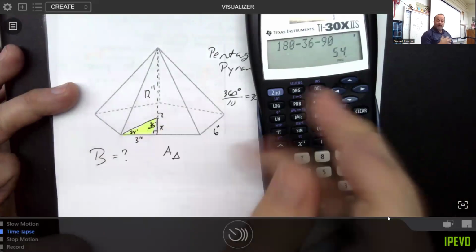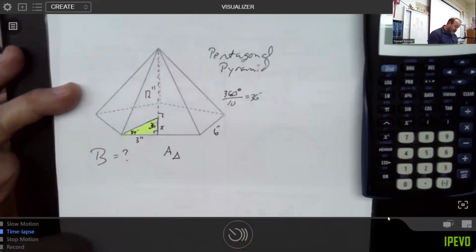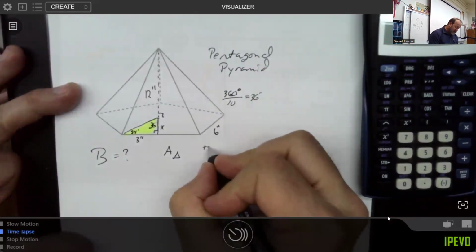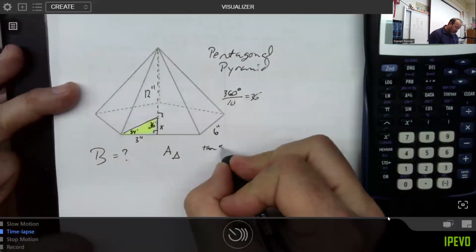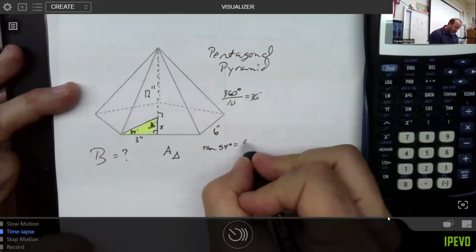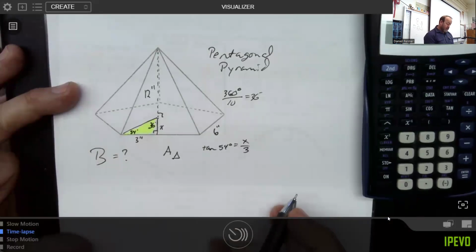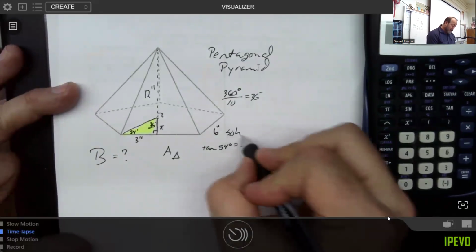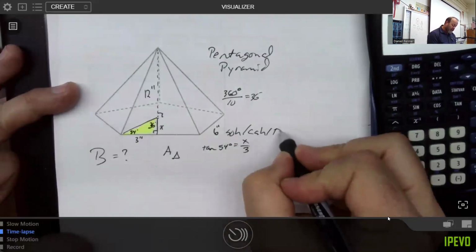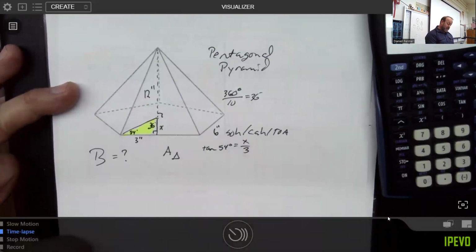Now I have found that to be helpful because I can say that the tangent of 54 degrees is opposite over adjacent. Remember SOHCAHTOA. That's why these problems can be considered hard, as you have a lot of math to deal with.